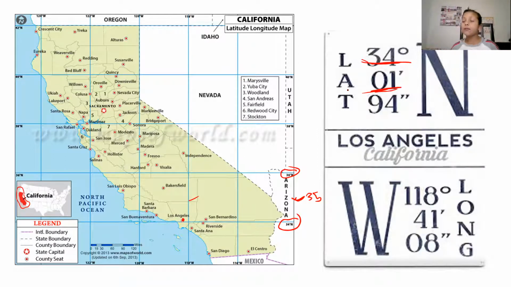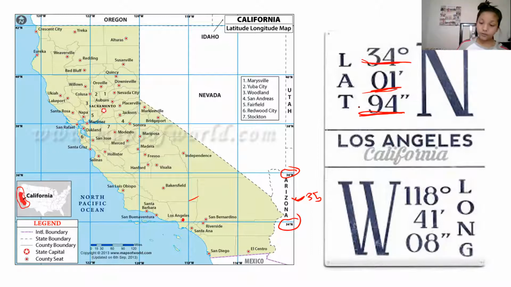Okay, now for seconds, if we divide that into 60 equal parts, then it would mean 94 seconds. So close to 34 degrees north, huh? Yeah, it was pretty close.